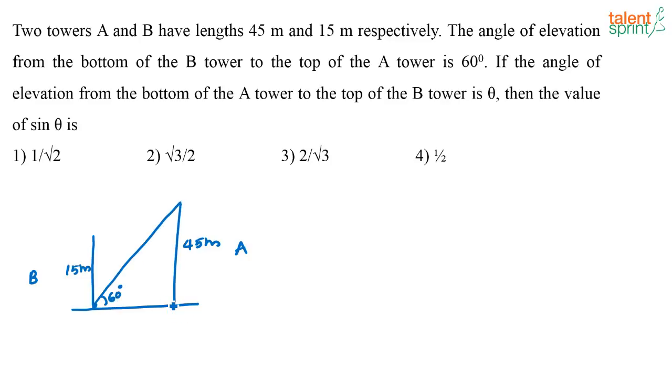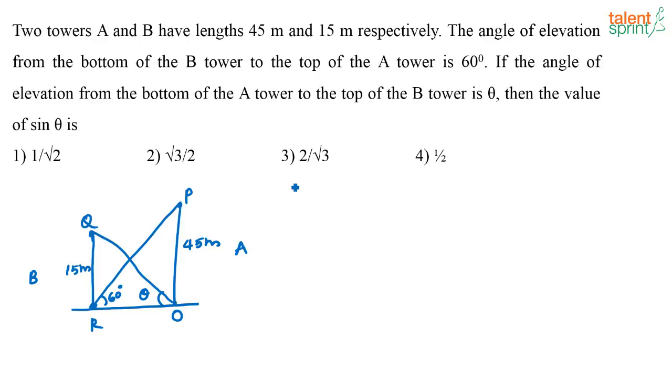Similarly, the angle of elevation from the bottom of A tower to the top of the B tower, this angle is given as theta, and you have to find out the value of theta. You know these two lengths. Now let us put in some names, let us take this as P, Q, R, O. Okay, I have just given some names to these points.